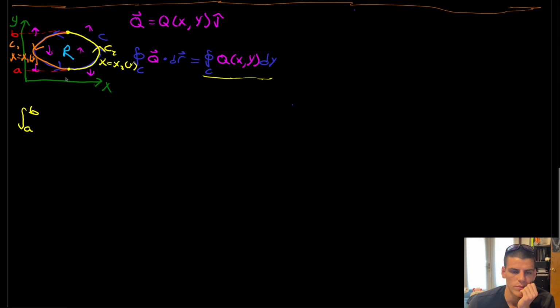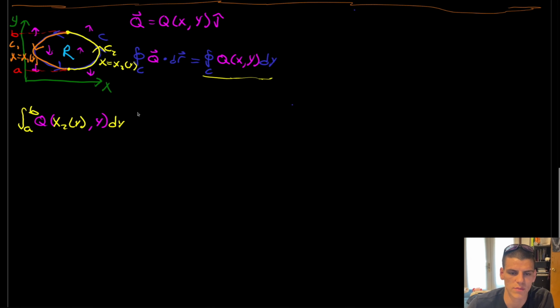And then it's going to be of the function Q, where the x that's plugged into that function is x2 of y for every y value. And then you're going to plug y in as well. And then this is all going to be times dy.